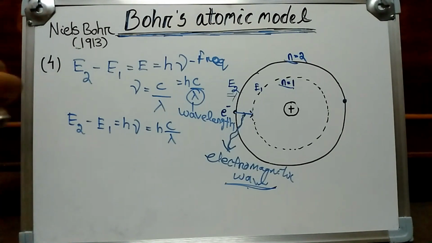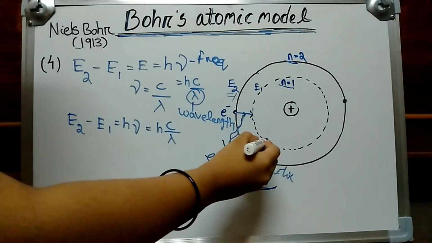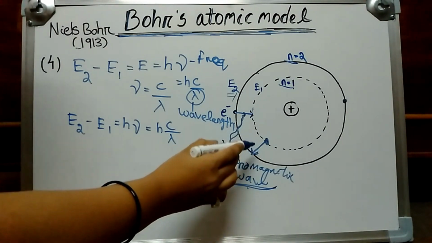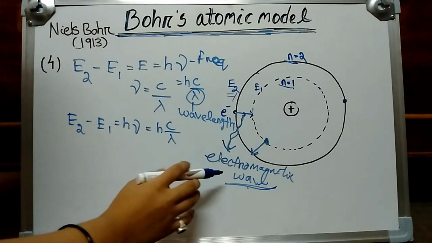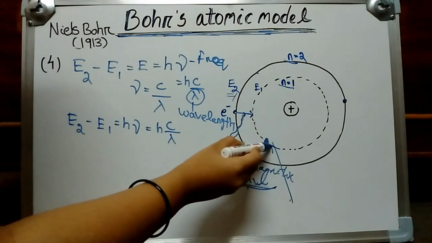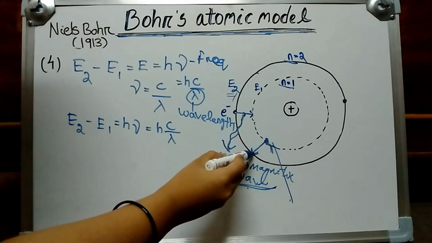Next, when an electron jumps from an inner stationary orbit to an outer stationary orbit, or from a lower energy state to a higher energy state, at that condition the electron absorbs energy. Energy is supplied to the electron so that it is able to jump from the lower stationary orbit to the higher stationary orbit.